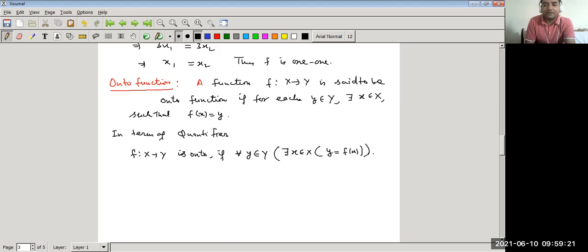So in this way we can define the onto function, and onto function is also called surjective function.